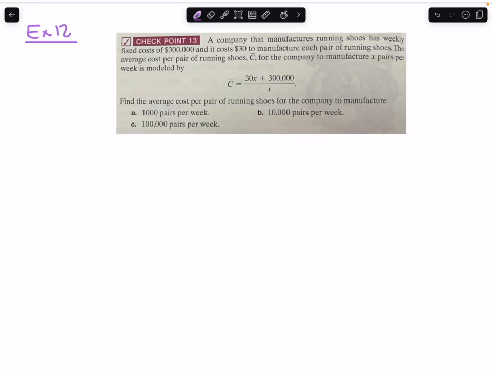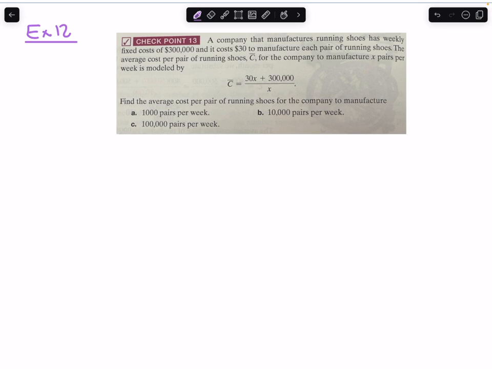Our last example of this section is example 12, which comes directly from your book as checkpoint 13 in this section. We want to evaluate a mathematical model, and that is that a company that manufactures running shoes has weekly fixed costs of $300,000, and it costs $30 to manufacture each pair of running shoes.